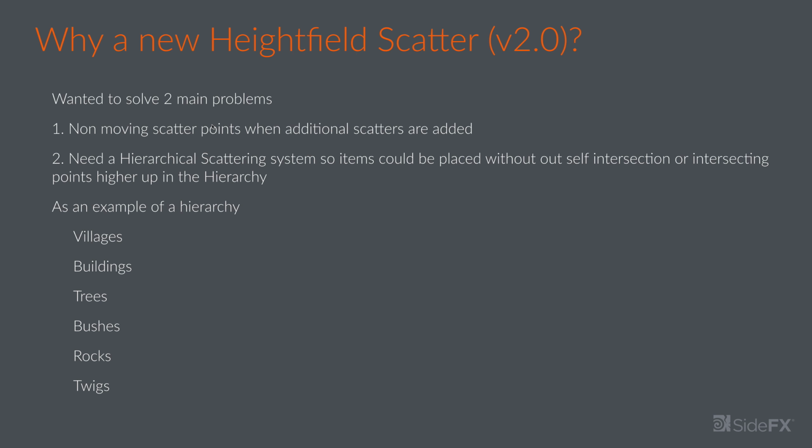So we wanted a way of making a hierarchical system where you could go from your large items to your small items without, one, self-intersection, no use of placing points down that are going to have buildings intersect each other, and two, that if you have subsequent scatters for smaller things like bushes, that they're not going to intersect your larger areas. So an example of a hierarchy would be villages to buildings to trees, then bushes, rocks, and twigs.